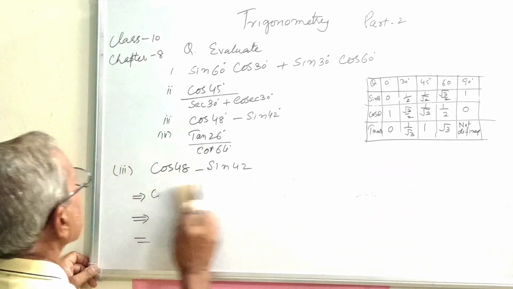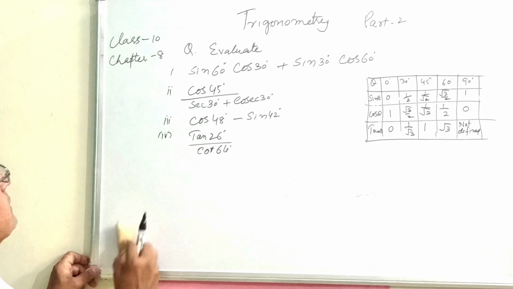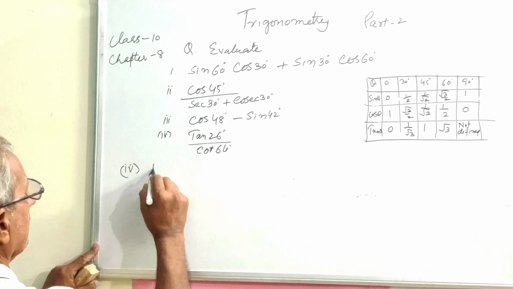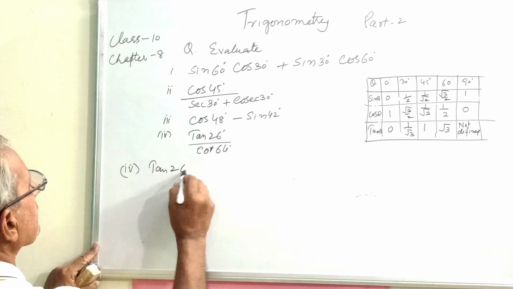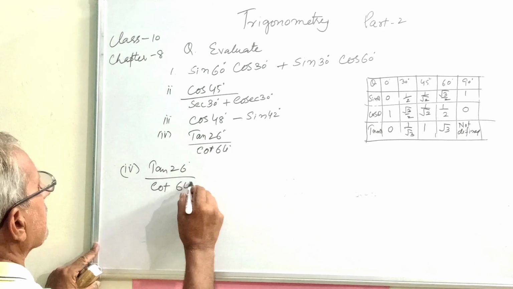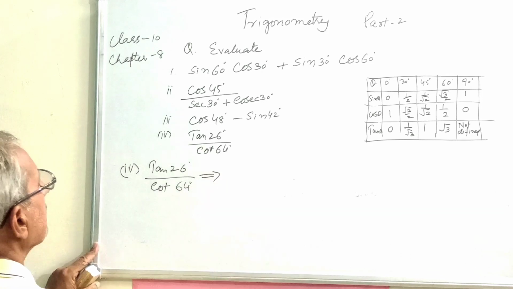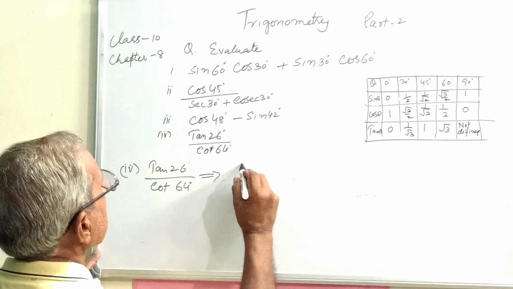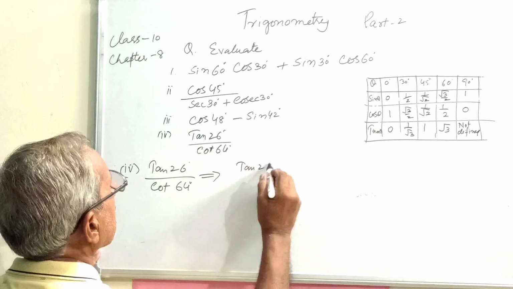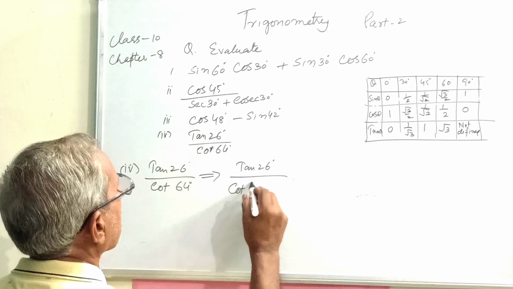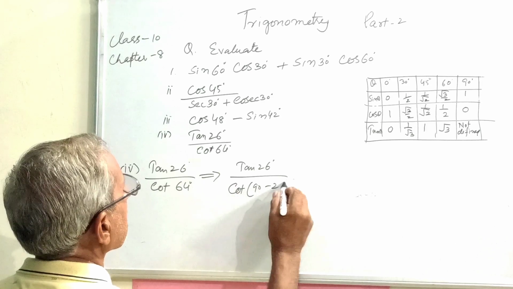Next, take up the fourth part, tangent 26 degree upon cotangent 64 degree. So change it again into the complementary form. So tangent 26 upon cot 90 minus 26.